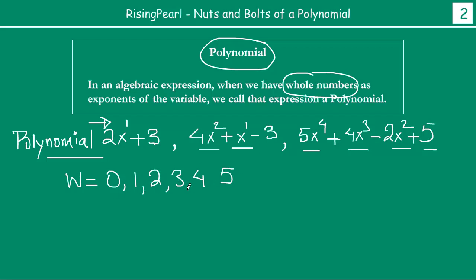This set of numbers all the way till plus infinity, इन्हें हम कहते हैं whole numbers, that is numbers like 0, 1, 2, 3, 4, 5, 6 all the way till plus infinity. So जब कभी हम कोई expression लेते हैं जहाँ पे all the variables are always raised to a power of a whole number, उन expressions को हम कहते हैं polynomial.